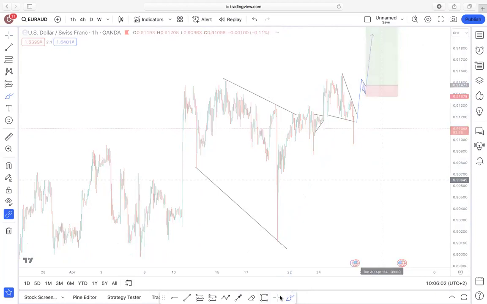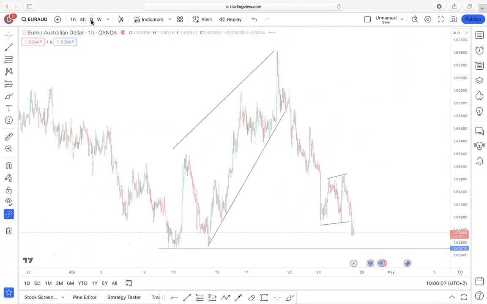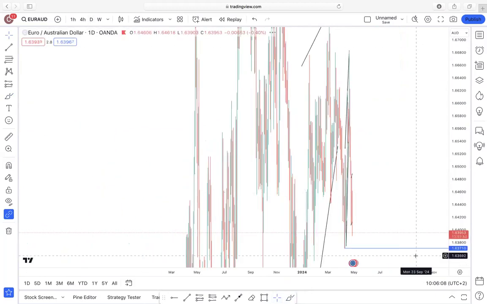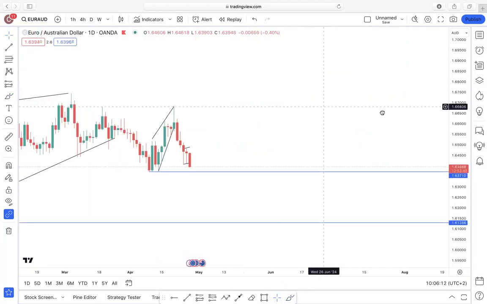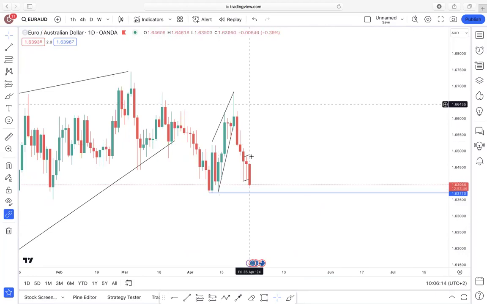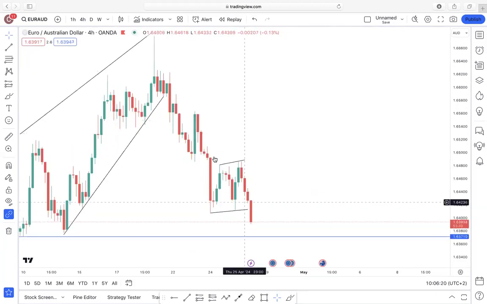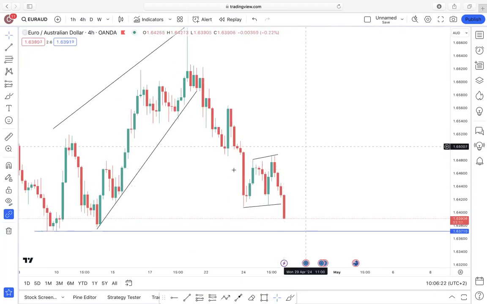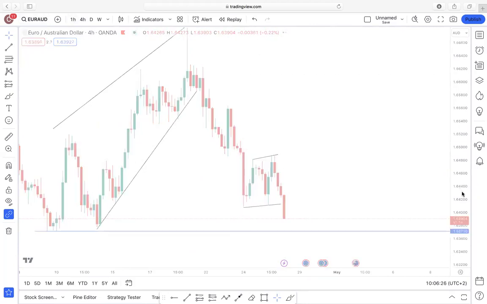Now let us move on to our final pair, which is the euro over the Australian dollar. So with this one, let us go on the daily. On the daily, we did see price giving us this continuation pattern from the breakout to the downside. And now on the mid-time frame, previously we didn't have anything. So currently we can see that price is giving us a continuation pattern to confirm those sells.